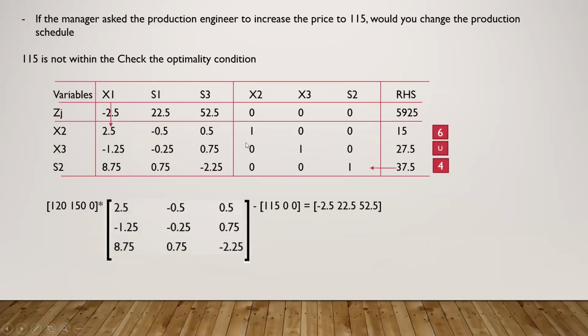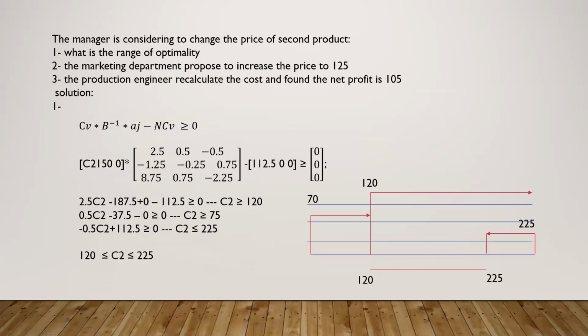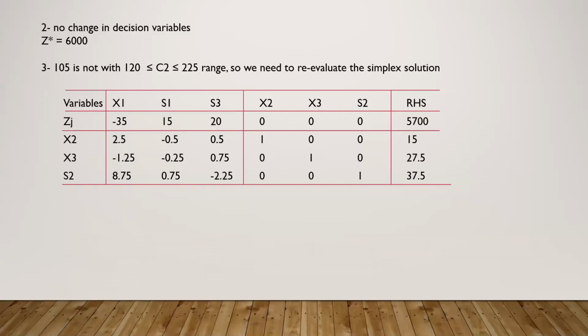Okay. So when you reevaluate this one, what does this tell you? This tells you X1 should be included in the production line because I have changed the value for X2. What is the logic behind that? X2 was 120, so this is the profit that comes from X2.